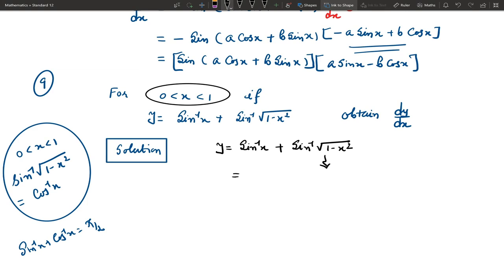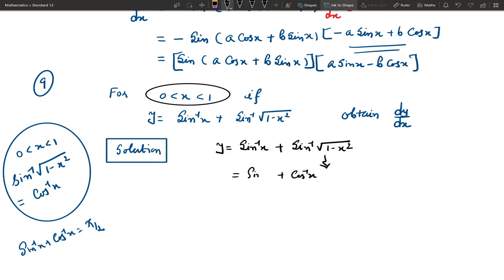Otherwise you have to use chain rule and consider three cases: x equal to 0, x less than 0, and x greater than 0. But because of the condition 0 less than x less than 1, sin inverse under root 1 minus x square can be written as cos inverse x.